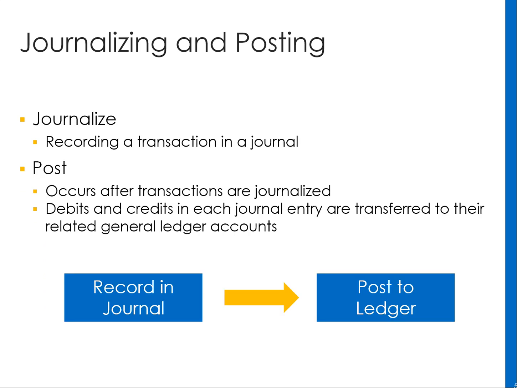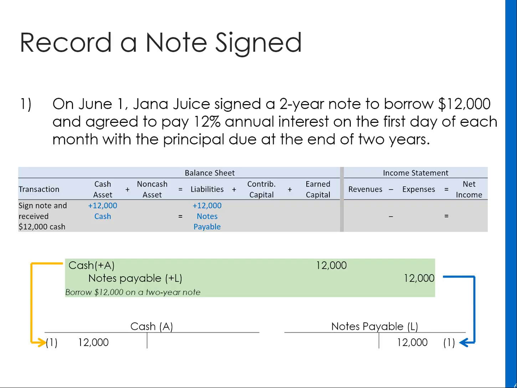The accounting cycle starts with journalizing transactions, in which we're going to record transactions in journals. And after that, we're going to post numbers from the journals to the ledger. Okay, so let's talk about this process. A company signed a 2-year note to borrow $12,000.